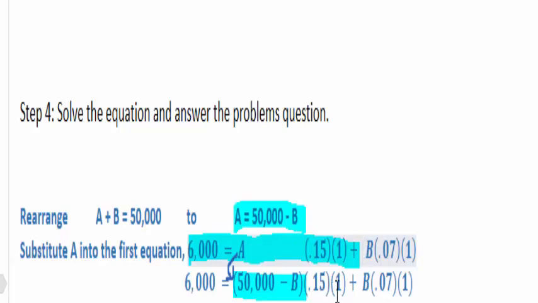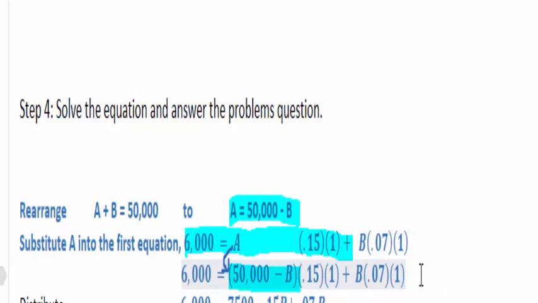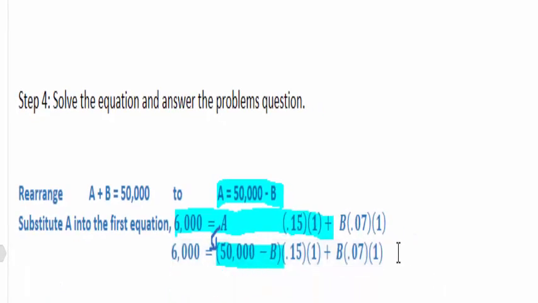Now we know that 0.15 times 1 is just 0.15. This is actually a distributive property, so we are distributing this 0.15.